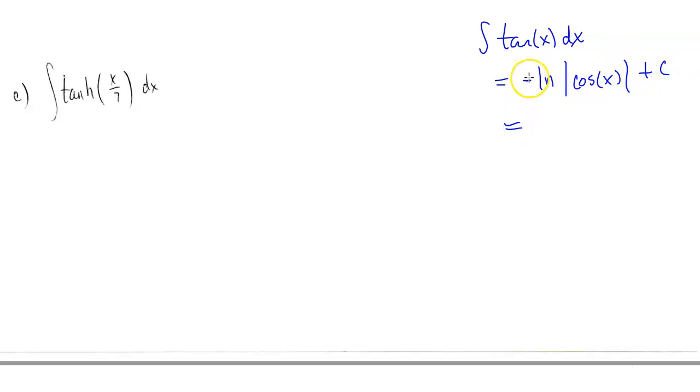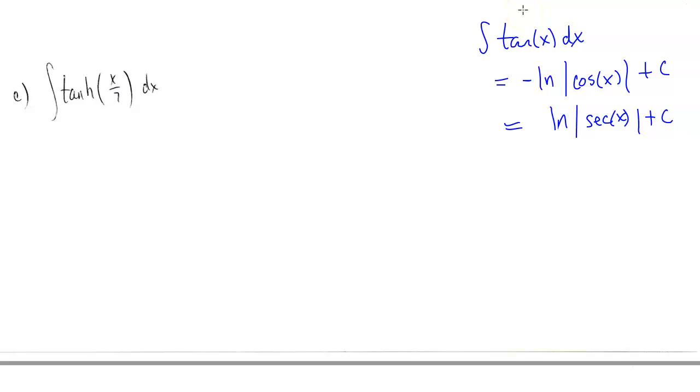Or if we were to take the understood -1 and put it in the exponent, it would be positive natural log of secant x plus c. Okay, and all that comes from basically rewriting tangent as sine over cosine and doing the substitution rule.